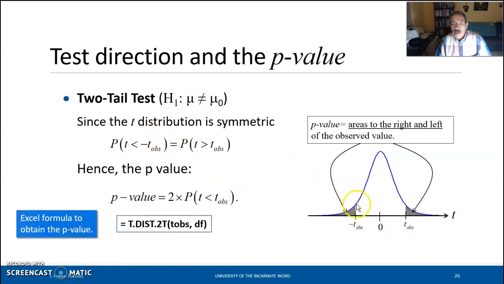So in here, because we never know where the observed value is going to be, the p-value is for both tails. And so the p-value is just 2 times the probability to the left of the t observed value. And again, you can use this Excel formula and you can find the exact p-value.